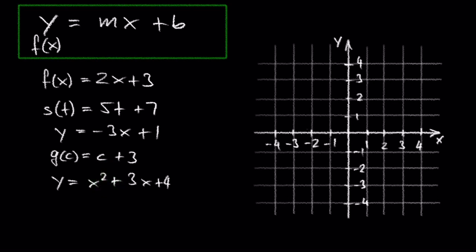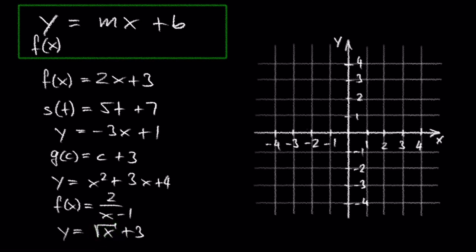Also, the equation f of x equals 2 over x minus 1 is not a linear function because the variable is in the denominator. What about the function y equals the square root of x plus 3? Is this a linear function? Unfortunately not, because it contains a variable within a radical.